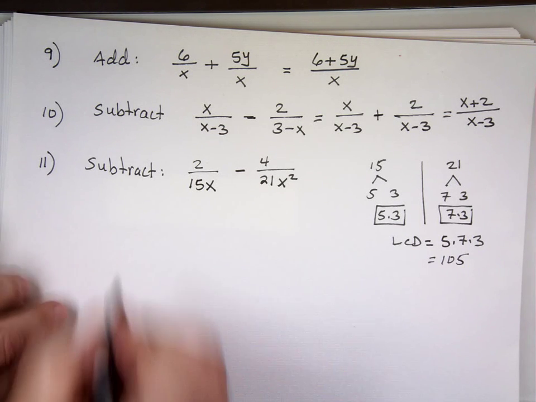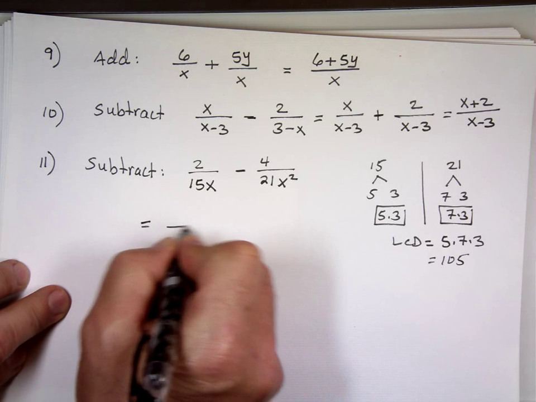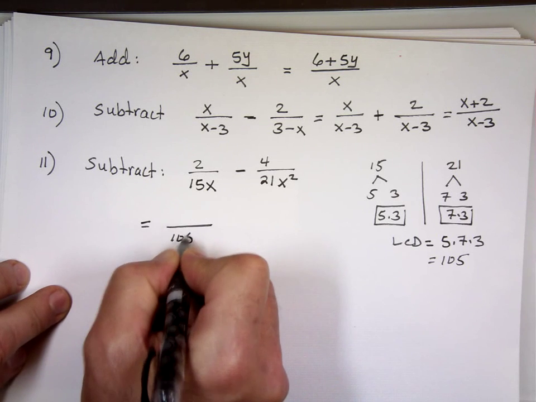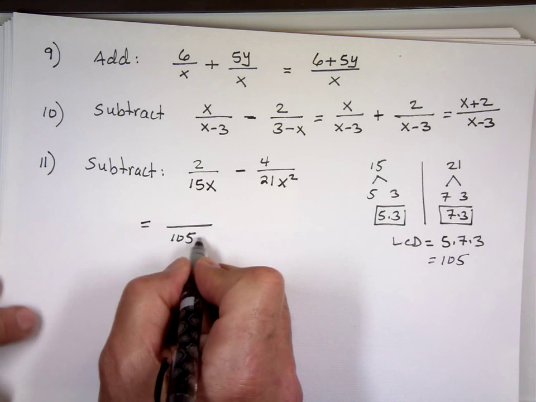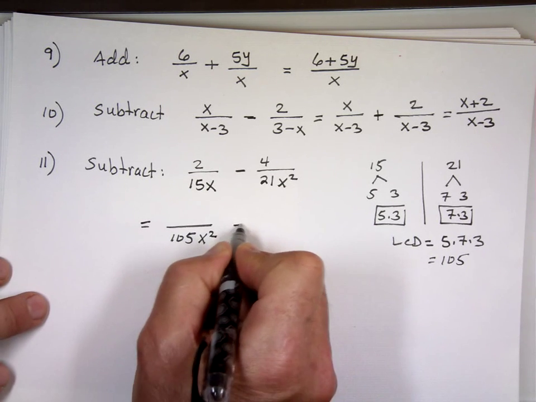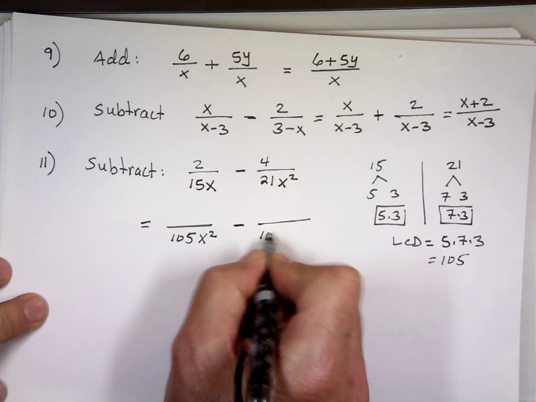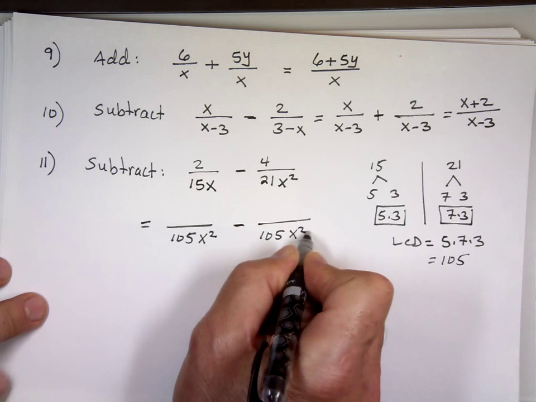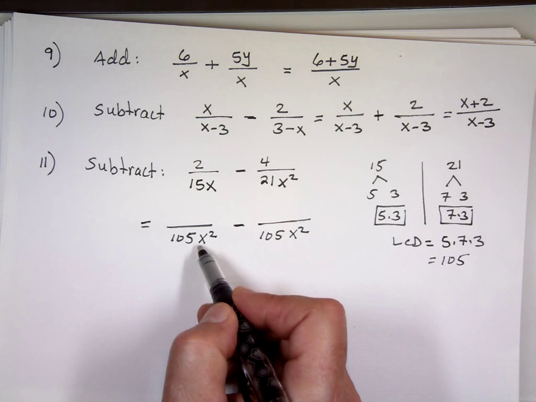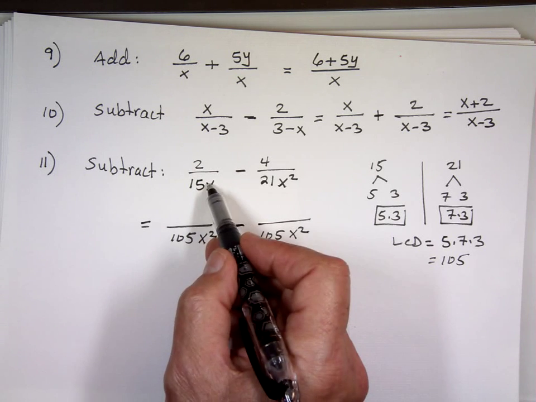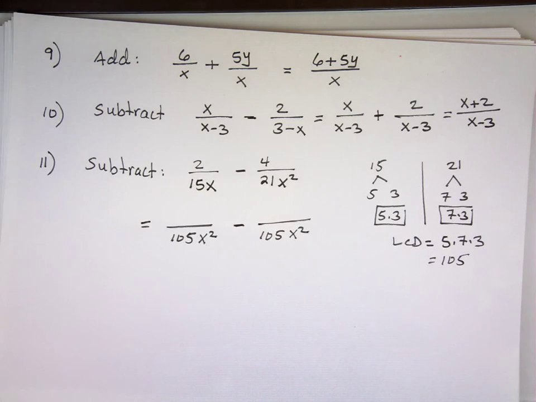So my LCD is going to be 105, and between x and x squared, we take the one with the higher power, that's x squared. So I need to rewrite both fractions such that this looks like this. Well, to make this one look like this, I need to multiply it.